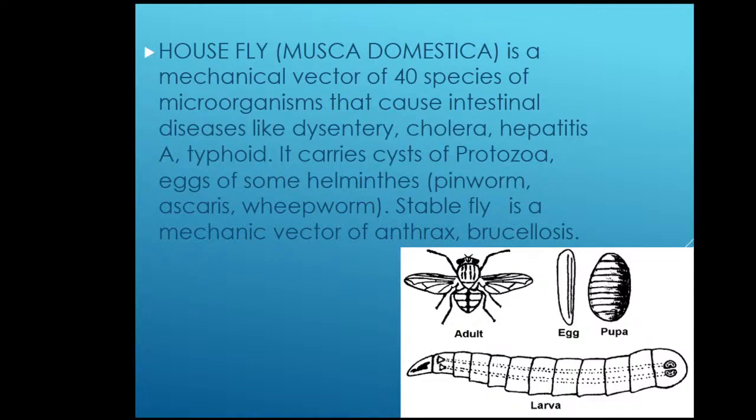The medical importance of the housefly is that it is a mechanical vector of spores of bacteria, eggs of helminths, and cysts of different pathological protozoa. So the housefly is a vector for dysentery, cholera, hepatitis, and many other human disorders.